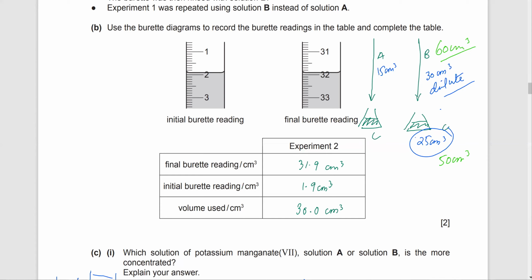It would be way slower. No, it would take a lot of time to pour 60 cm cube, but you know what the capacity of the burette is usually. 50 cm cube, I think. Okay, it's 50 cm cube. So how would you pour 60 cm cube? Okay, that's the practical problem that you're going to face. Is this clear?